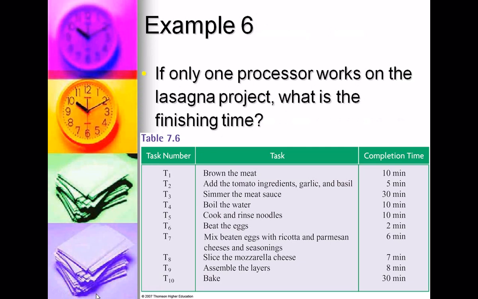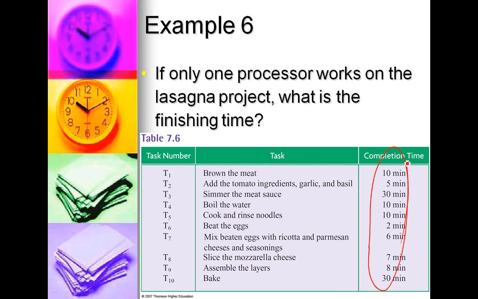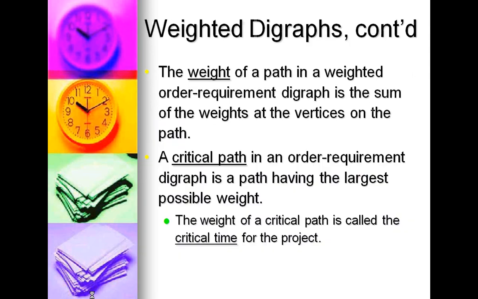So if only one processor was working on this project of making lasagna, and we assume that only one task can be done at a time, since we only have one processor, the sum of all these would be the finishing time if we had one processor. So the weight of a path is just where you add the weights within the vertices together.